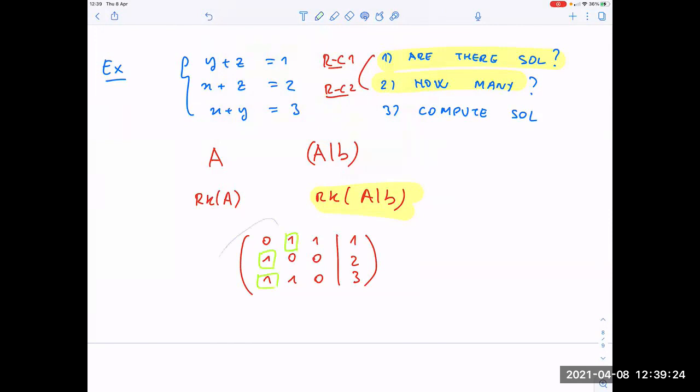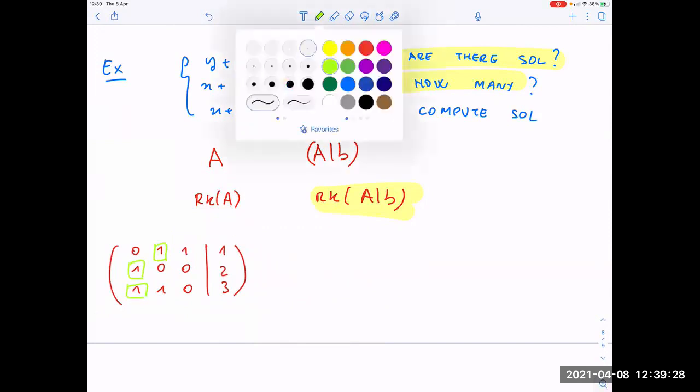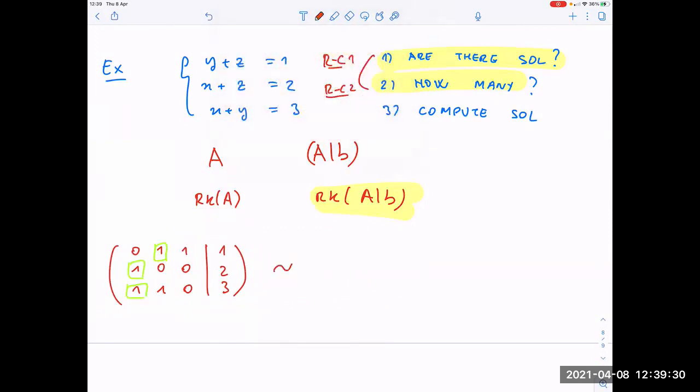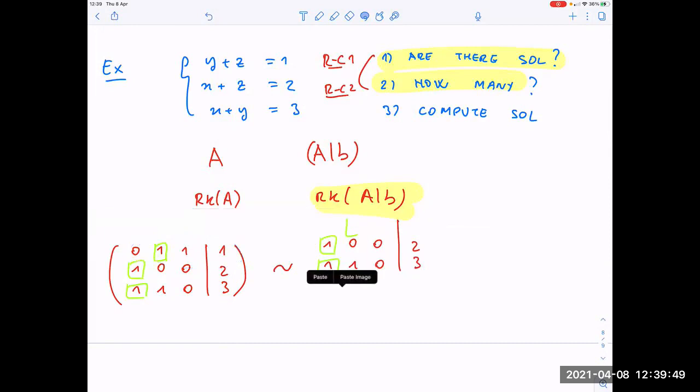So I have to do something smarter if I want to compute the rank. So say that we proceed by making a row swap. So I just put the last row and the first, I swap them. So here we go.